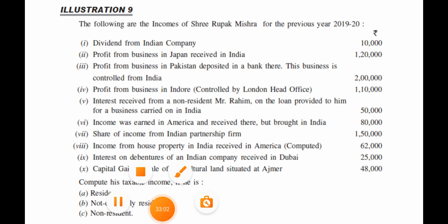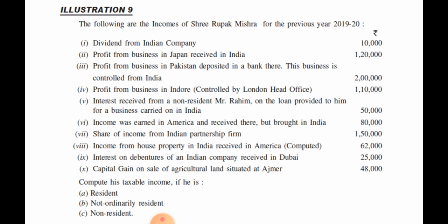And the next point is share of income from Indian partnership firm. Share of income from Indian partnership firm is fully exempt in the hands of the individual, as the firm paid tax on the firm's income and it goes free of tax in the hands of the individuals or the partners.